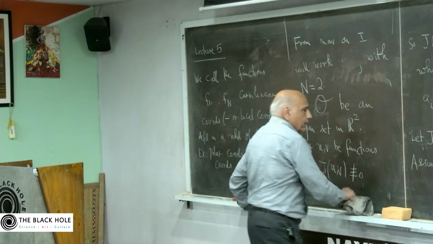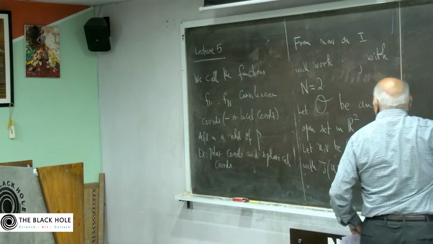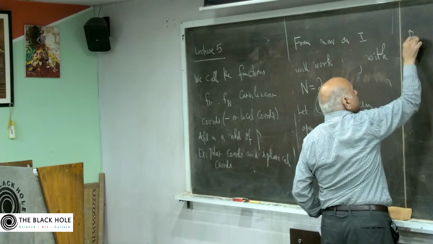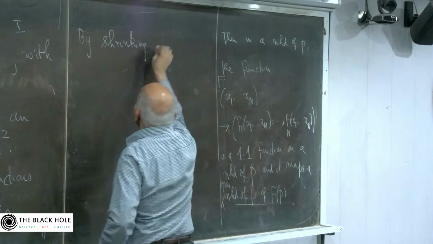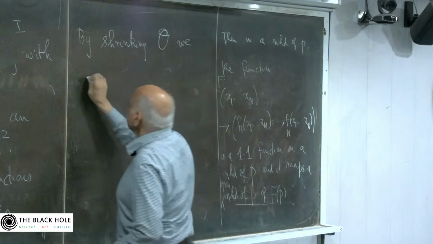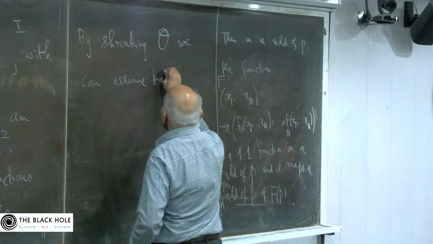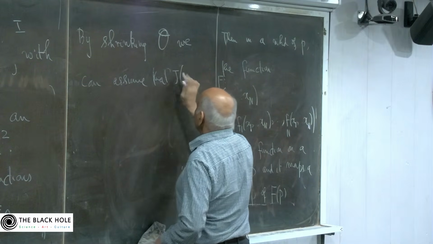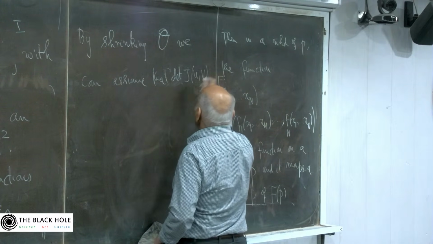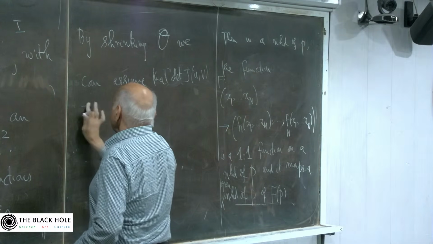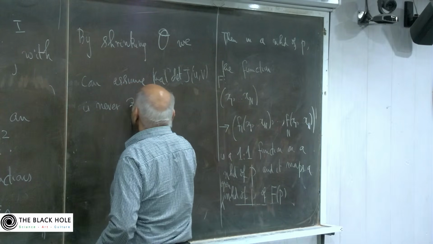So by shrinking O, we can assume that the determinant of the Jacobian of (u,v) is never 0.